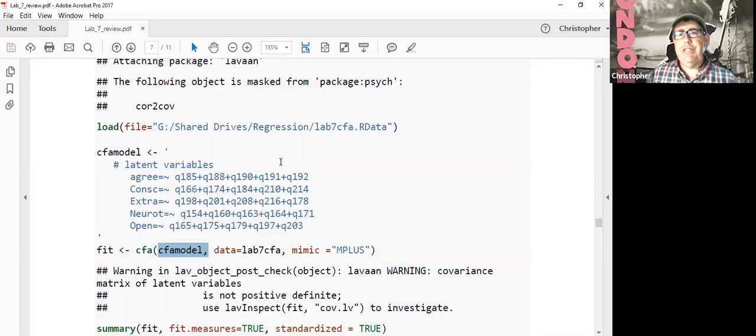I've taken admittedly a reduced scale here, but 5 items that are supposed to represent agreeableness, and it's these numbers, and those all come from the handout that you're given. So we've got agreeableness, it's got certain values associated with it.